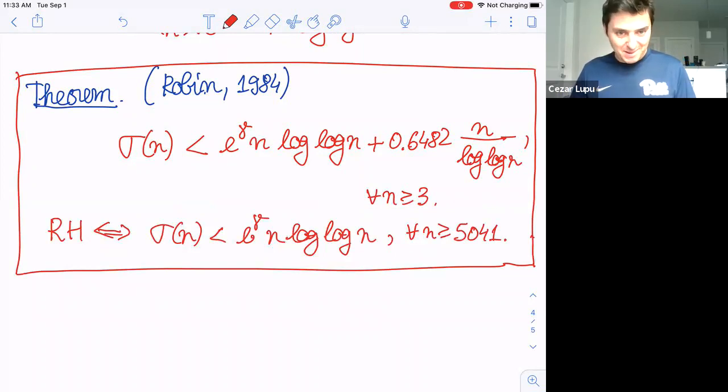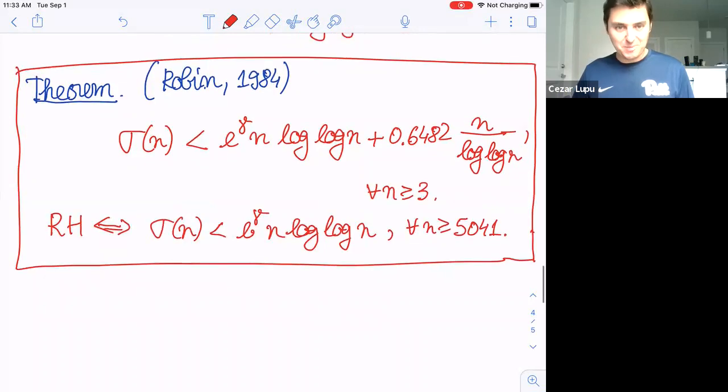It's pretty amazing how simply the Riemann hypothesis can be restated, right? But I want to say a few words about what he actually proved in his paper, because he actually proved a bit more.